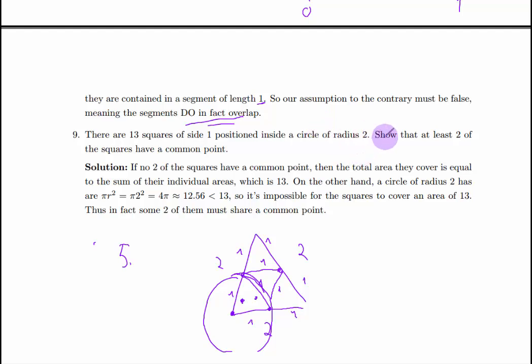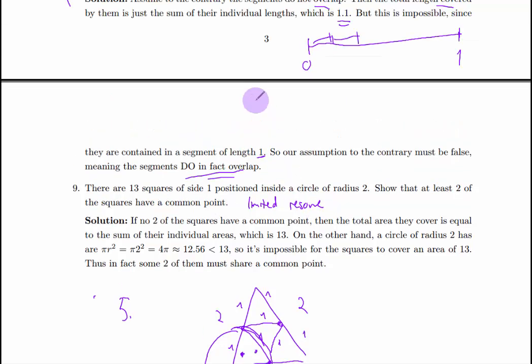There are 13 squares of side 1 positioned inside a circle of radius 2. So at least 2 of the squares have a common point. Now, you don't really have pigeonholes in this example. What you do have is a limited resource.